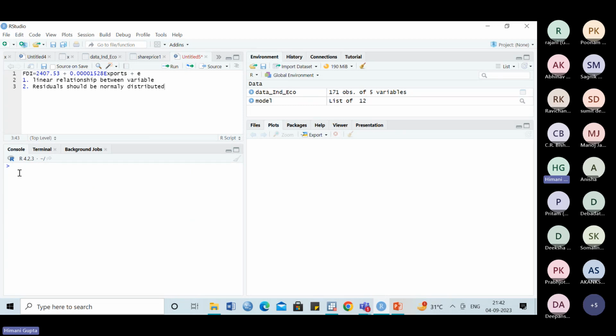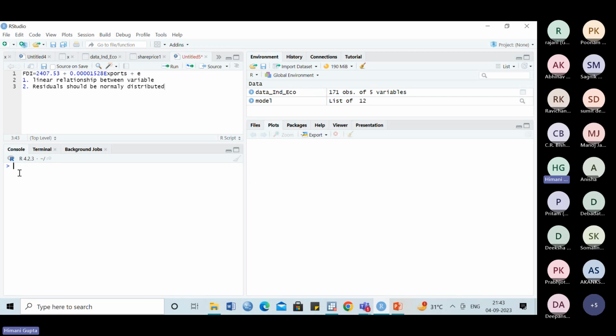Mostly all my assumptions are related to your error term. Why? Because I have to minimize the error term. Whatever independent variables are there, the same should hold for the terms which are not observable, which are hidden in your error term.